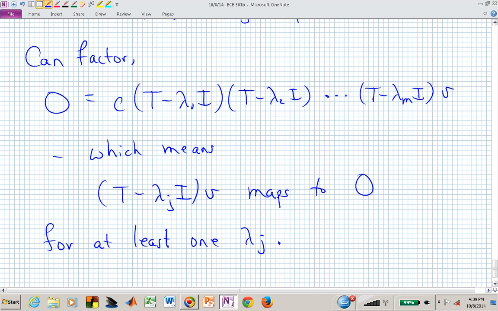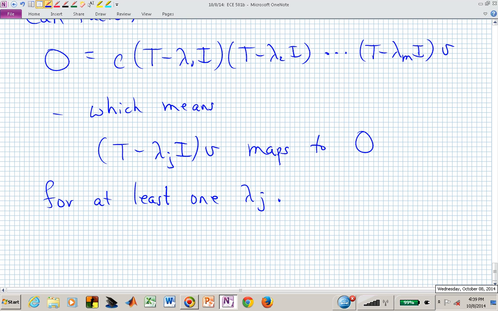And that's what we were setting out to show, that we had at least one eigenvalue for an operator on a finite dimensional complex vector space. Now we have shown that we do indeed have that, since if we have a lambda sub j that satisfies this expression, we've called that an eigenvalue.